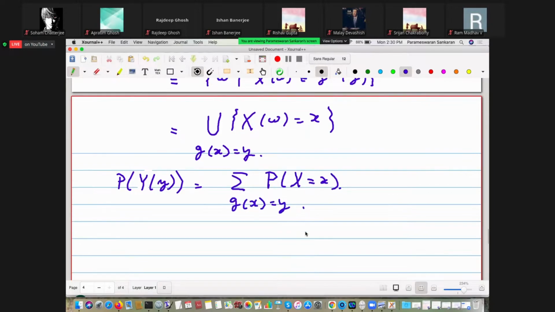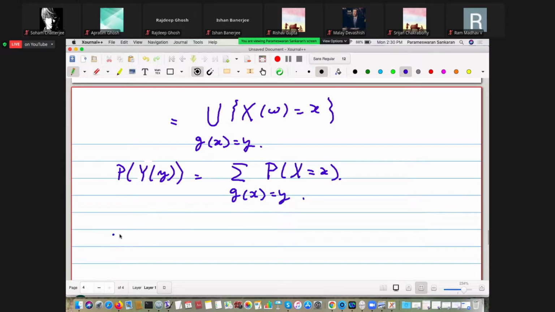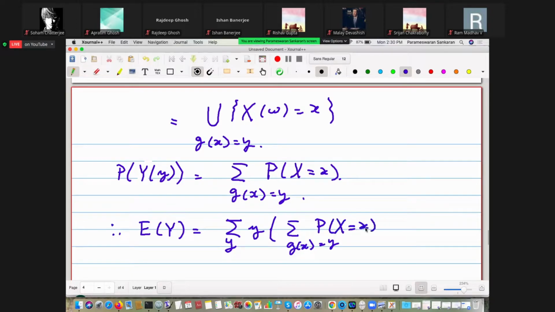Now substitute that. Therefore, E of Y is equal to the summation over y of y times the summation over x with g of x equal to y of the probability that X equals x.